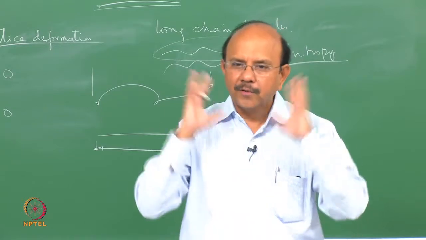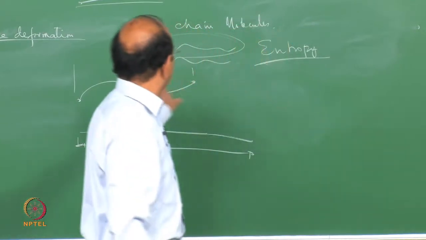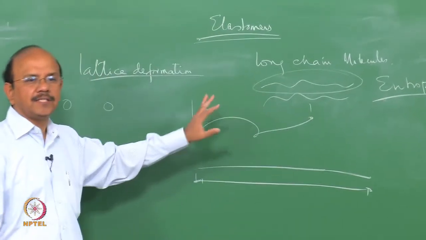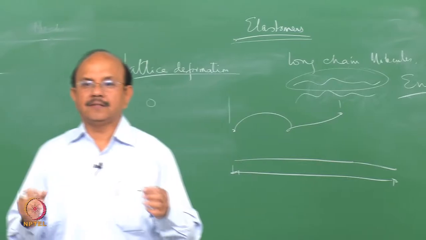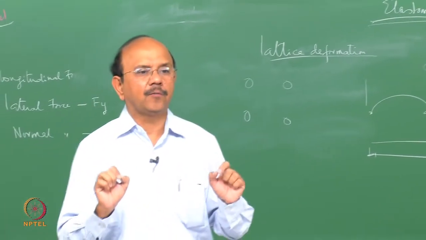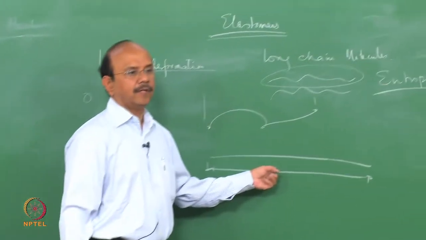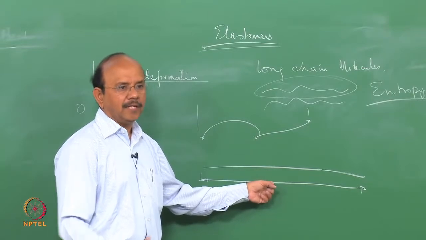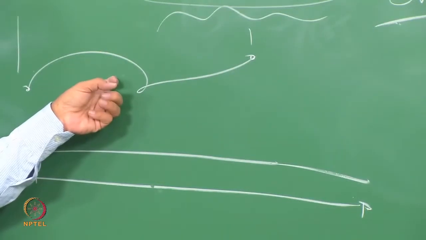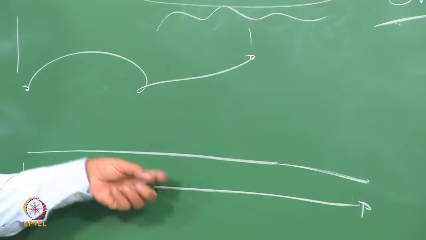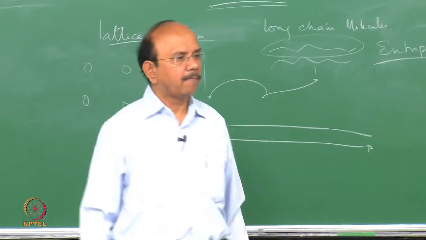This is what you roughly understand, let's forget about the mathematics. Here we say that it is the configuration which decides the entropy. When it becomes straight, the number of configurations that this macromolecule can take is limited, and so the entropy actually drops. So when I leave it, the entropy actually increases, and so it goes back to this position. So there is an entropy change that is responsible for the deformation of these macromolecules.